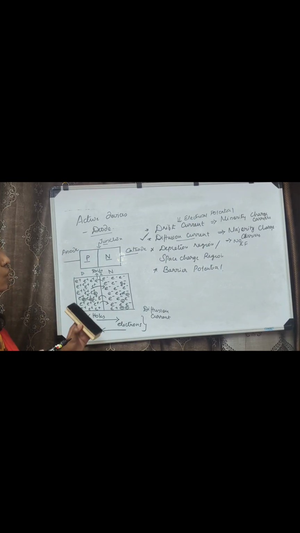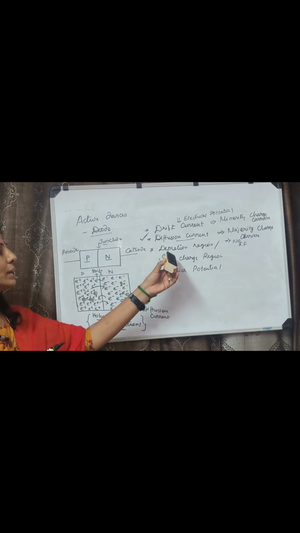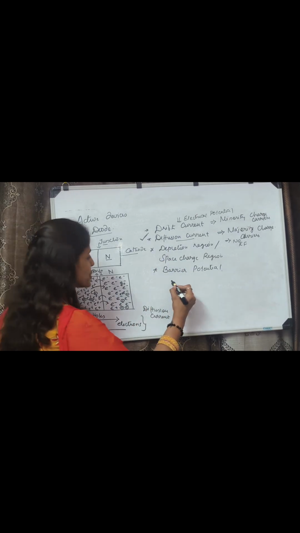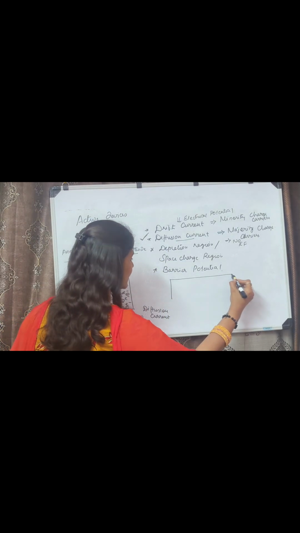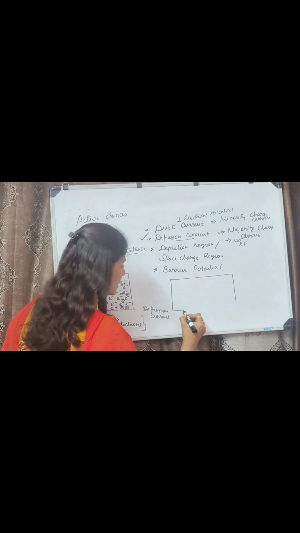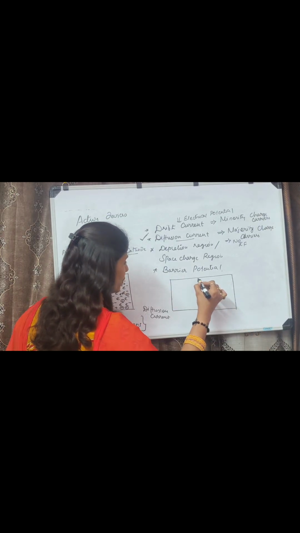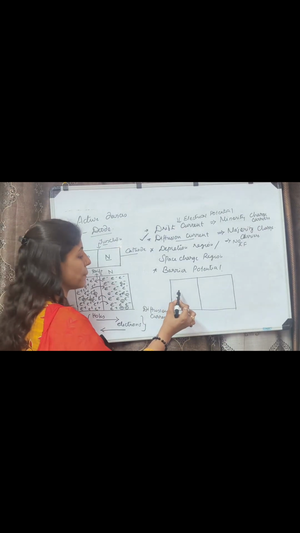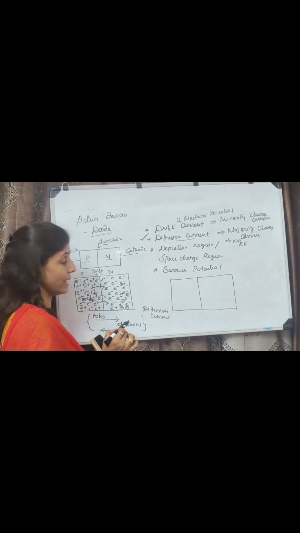Once this diffusion current is happening, automatically a region will arrive. Again, I will take this block. You already know the junction. The junction is nothing but the meeting place of the P region and the N region.